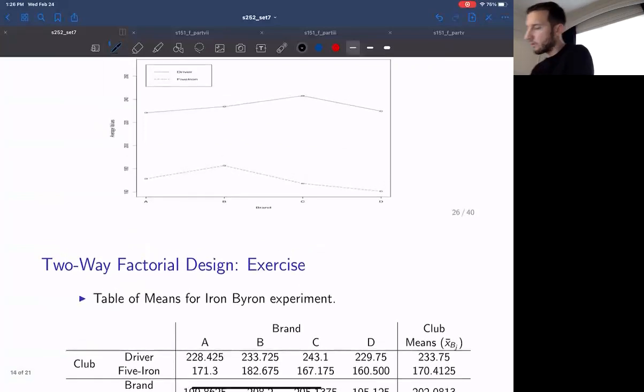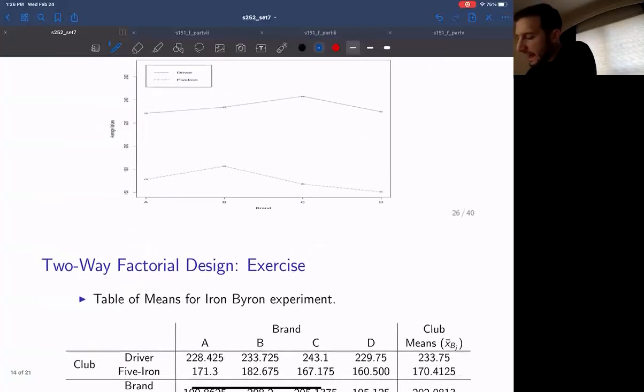So for example, if we take the average for all of the drivers, we have a value that sits right about here. Okay, so this is 233.75. And then if we take the average for the 5-iron, we have a value that sits right about here.